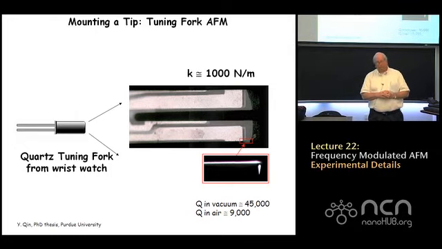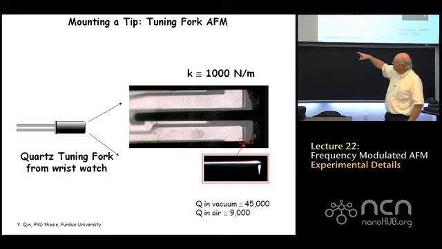And the way we did that was we snapped off a conventional microcantilever, and using a small amount of viscous glue, we stuck a conventional AFM cantilever onto the bottom tine of a tuning fork. And so we were able to produce essentially a sharp tip mounted on the end of a tuning fork.